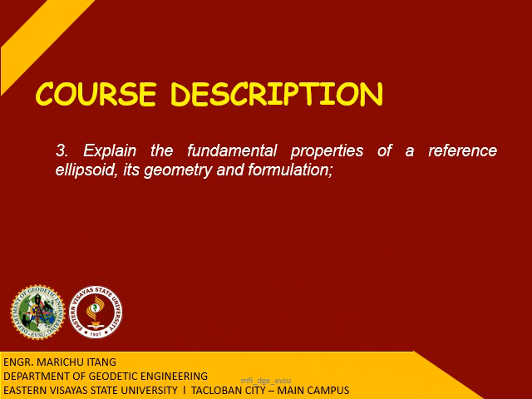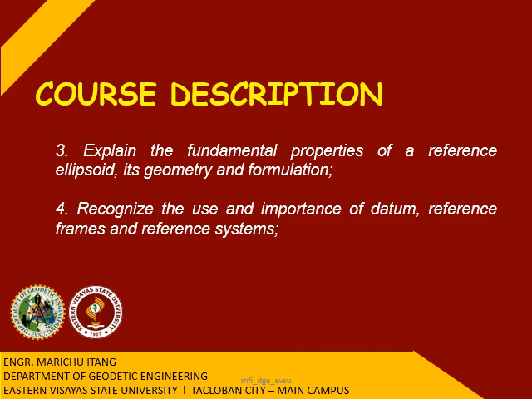Third, explain the fundamental properties of the reference ellipsoid, its geometry and formulation. Fourth, recognize the importance of datum, reference frame, and systems. Why do we need to discuss these important terms? We have the reference frame and system.